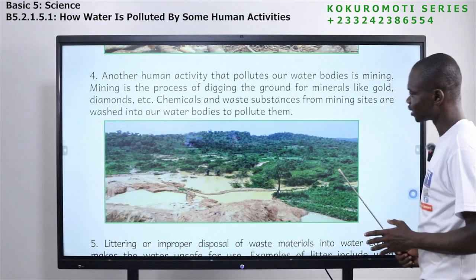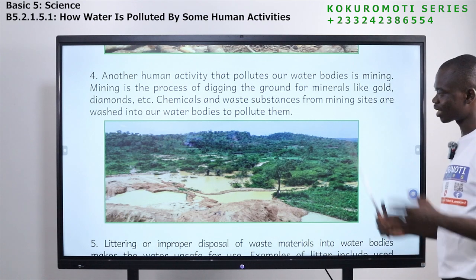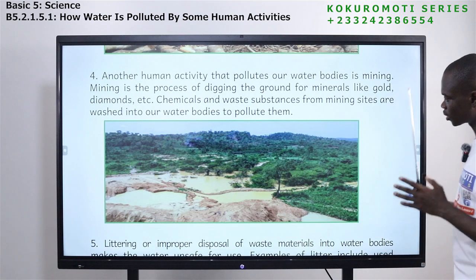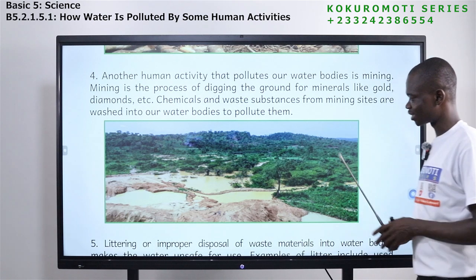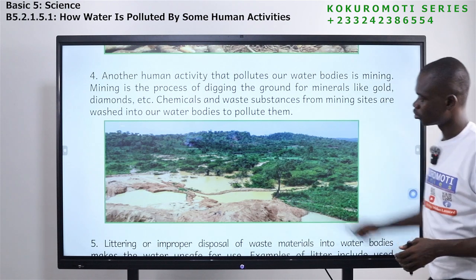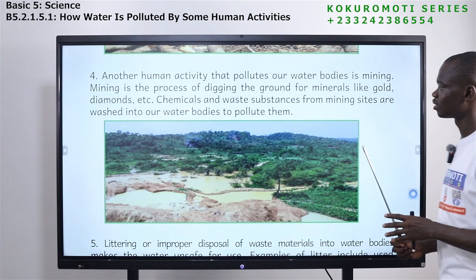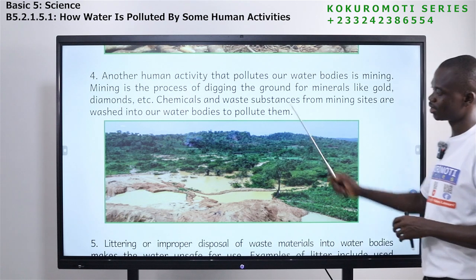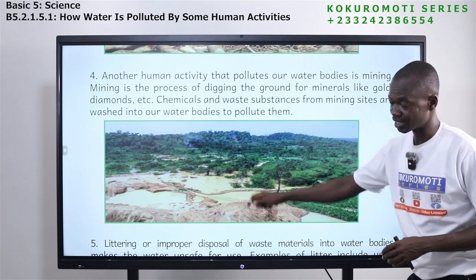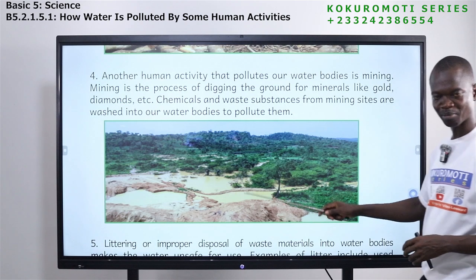So this tells you that mining is a human activity, and the effect of it is that it pollutes our water bodies, especially if it is not done the right way. This is a Galamsey site, illegal mining.